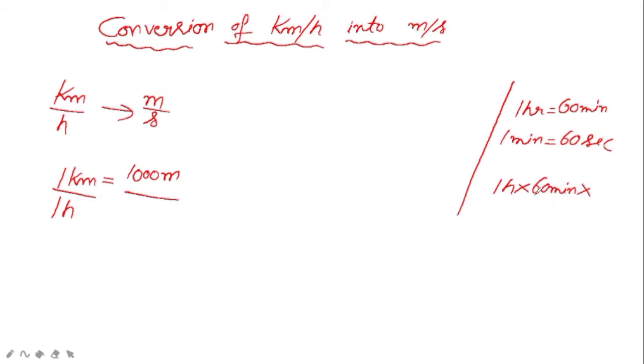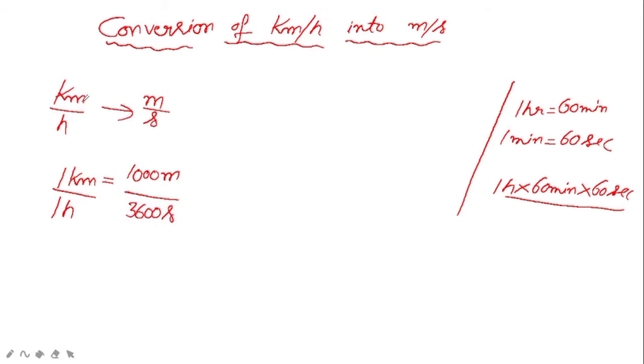Now here I will take only 1 minute. So 1 minute is equal to how many seconds? That is 60 seconds. So if I multiply these numbers, I will get the seconds in 1 hour. So 60 into 60, that is 3600, right? So 1 hour is equal to 3600 seconds.